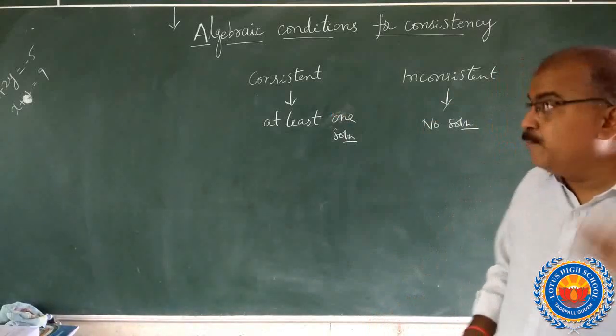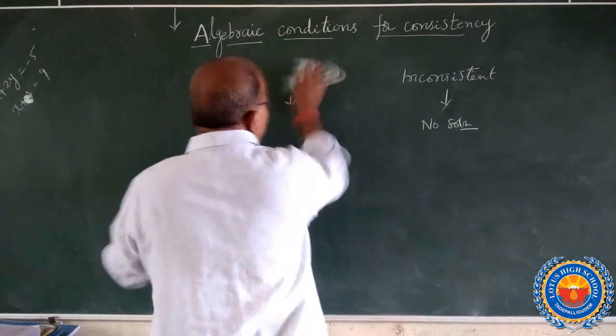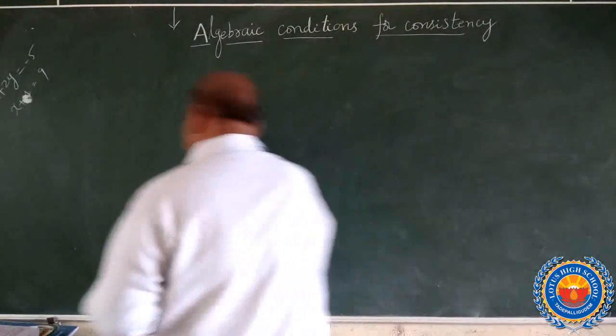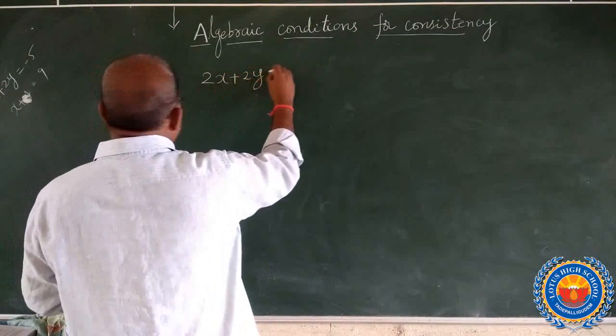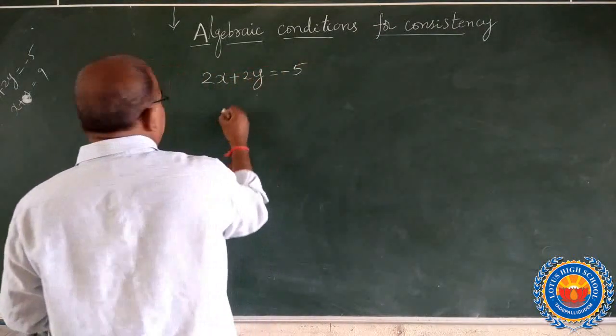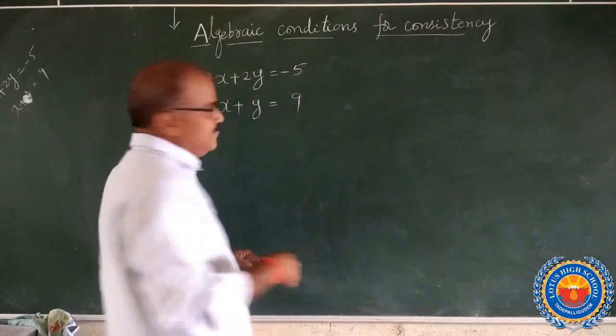Let us take one example. What is that example? First, 2x plus 2y is equal to minus 5, x plus y is equal to 9.